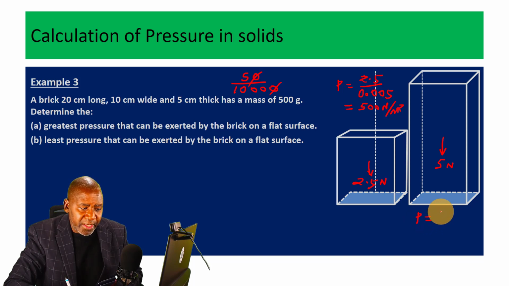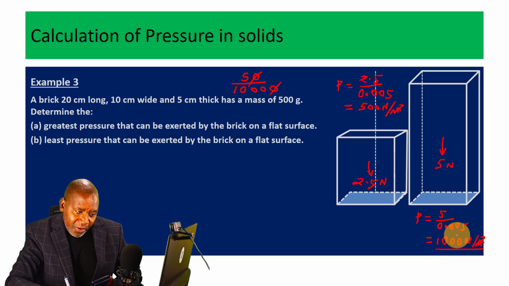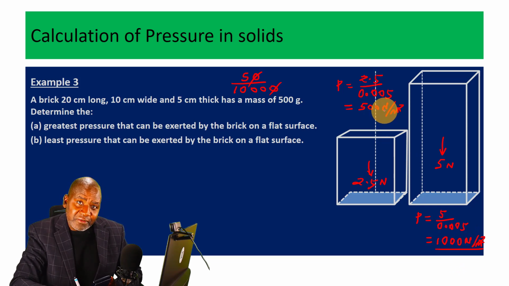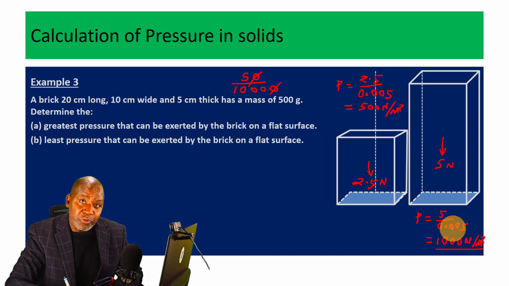How about the pressure exerted in this case here? It will be 5 divided by 0.005 meters squared, and this, like we saw, was 1000 newtons per meters squared. How has the pressure doubled? Or how has the pressure been halved? The pressure has doubled in this case because the force has doubled.